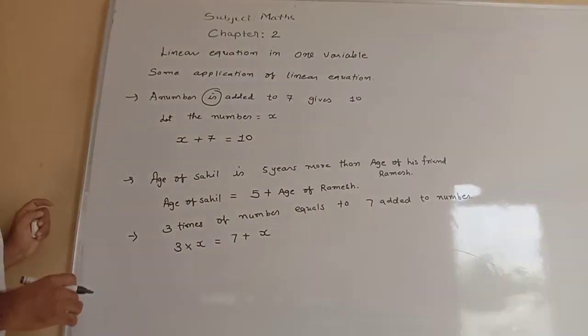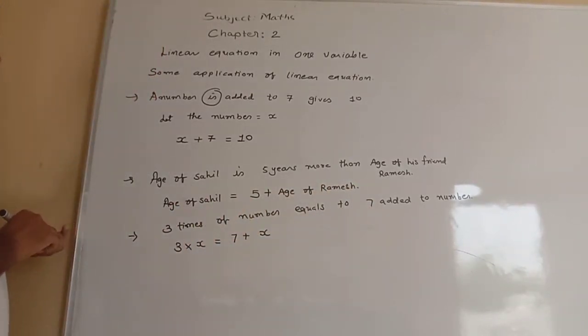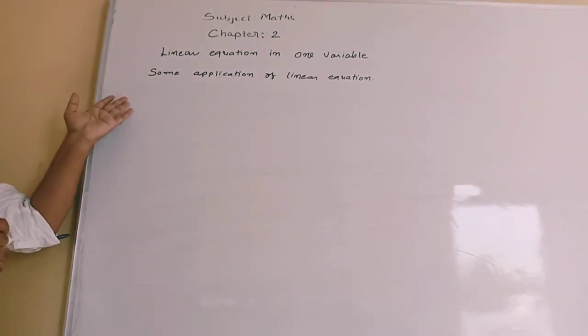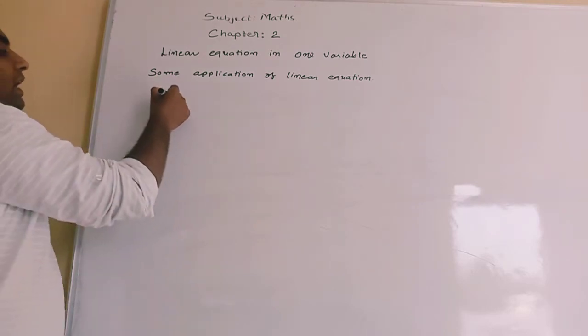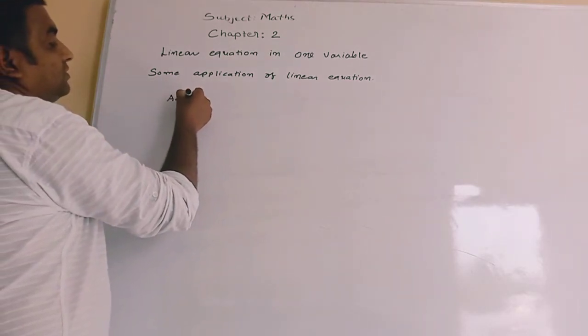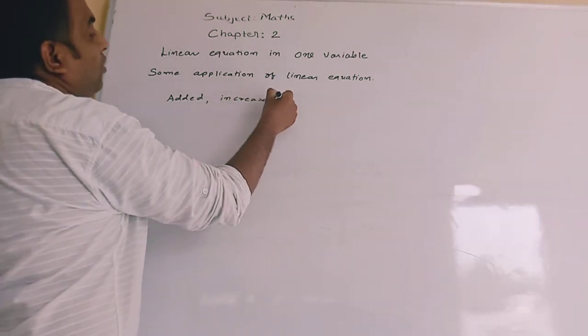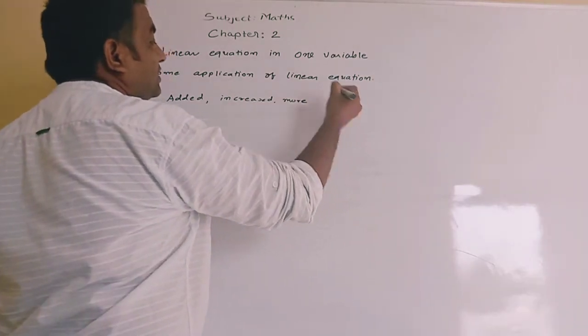So whenever such a line is given and we want to convert it into an equation, we have to keep in mind some keywords. So we have the keywords: if added, increase, more, such keywords are given, then we have to keep the plus sign.